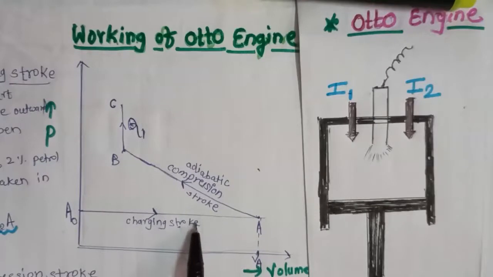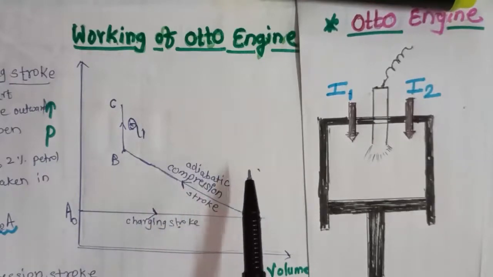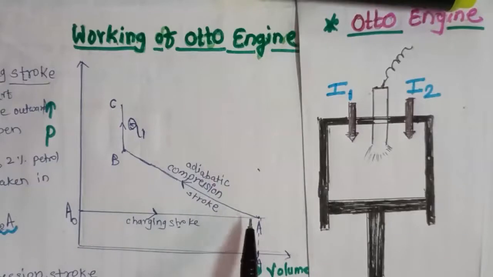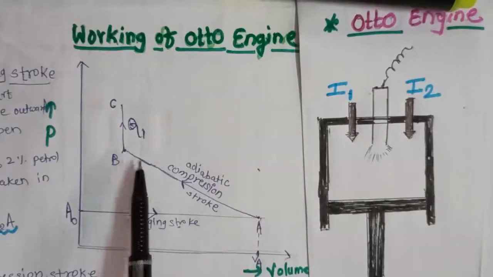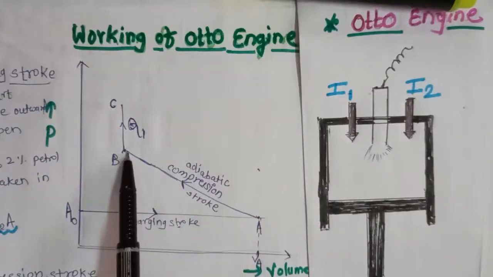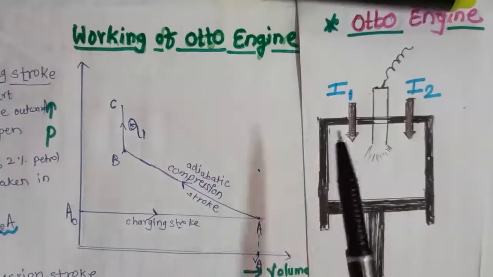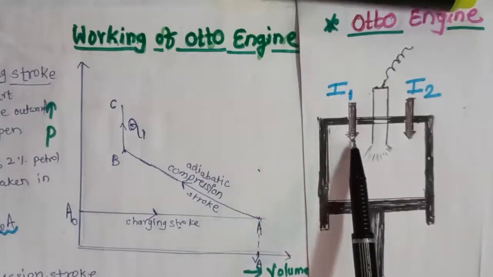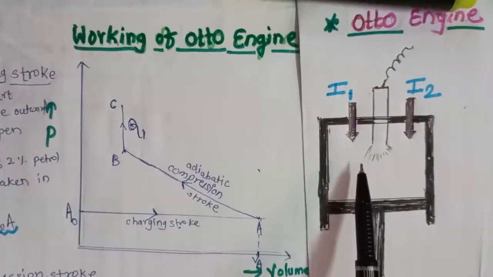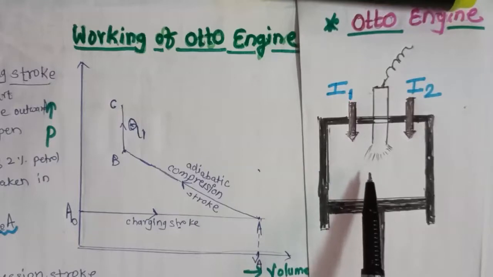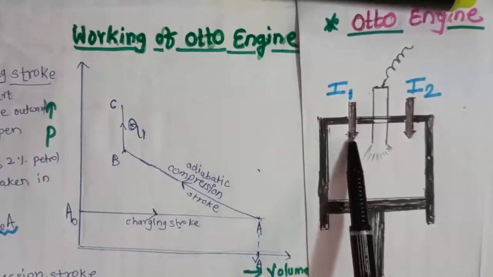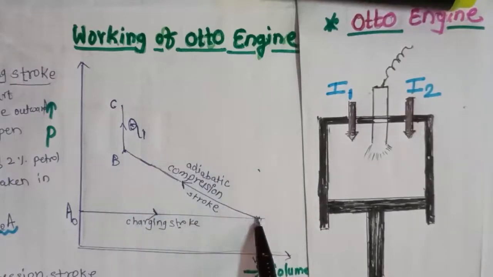The second stage or second stroke is represented by curve AB. The second is the compression stroke. When a sufficient amount of air and petrol vapor is taken inside the cylinder, then the inlet I1 gets closed in the second stage, that is in the compression stroke.